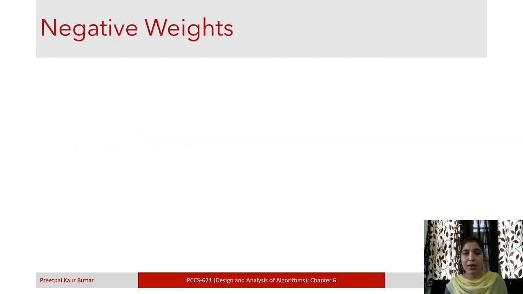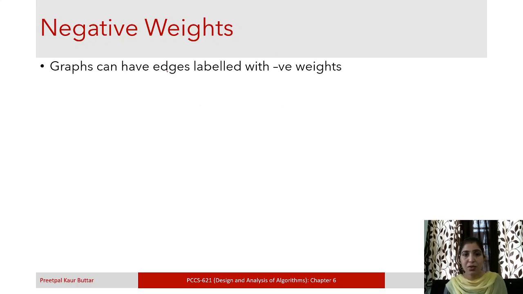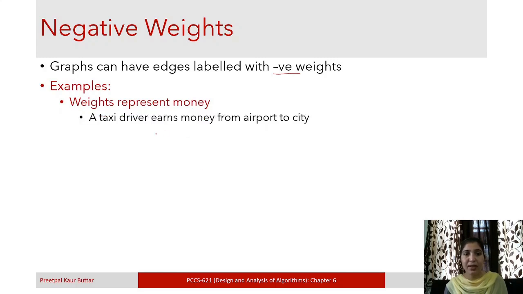So let us talk more about negative weight edges. As I told you, graphs can have edges which are labeled with negative weights. Where are these negative weights found in the real world? Let us consider some examples. If weights on the edges represent money, then think of a taxi driver.